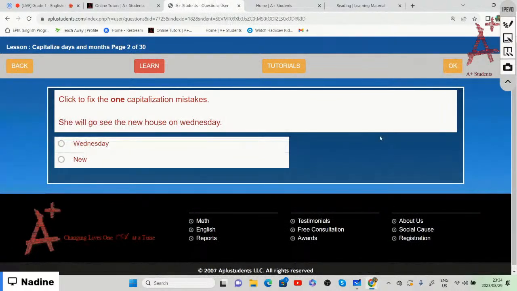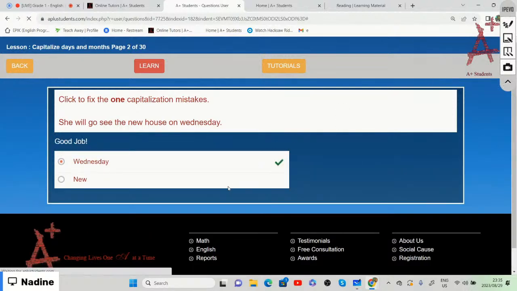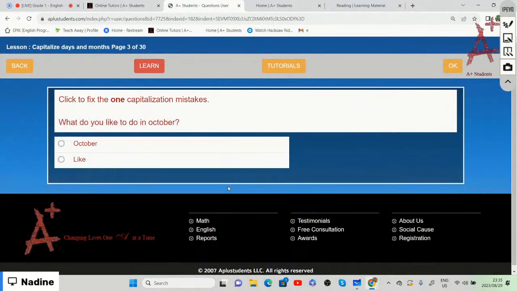She will go see the new house on Wednesday. So is it Wednesday or is it new? We need to select the capitalization mistake. If we choose the correct capitalization mistake, we will choose Wednesday, because it's a day of the week and it is written with lowercase. What do you like to do in October?